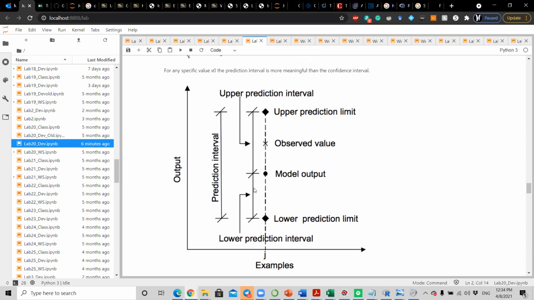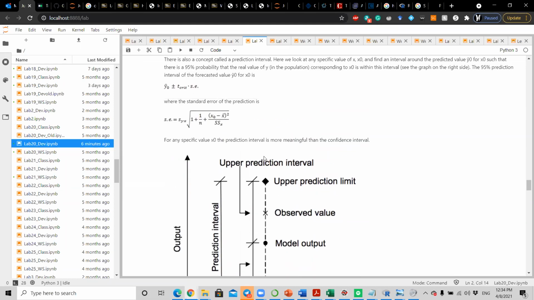So when we are talking about prediction intervals, we are talking about specific points. When we are talking about confidence interval, we are talking about the entire line. Wally, that is correct.